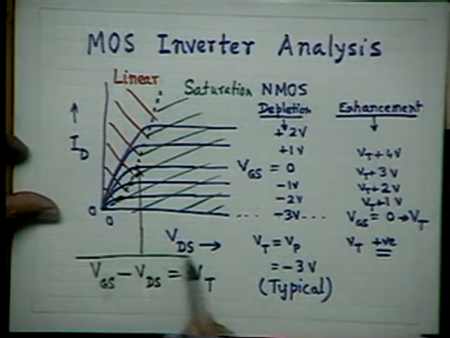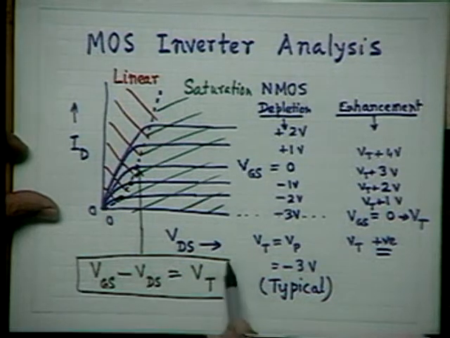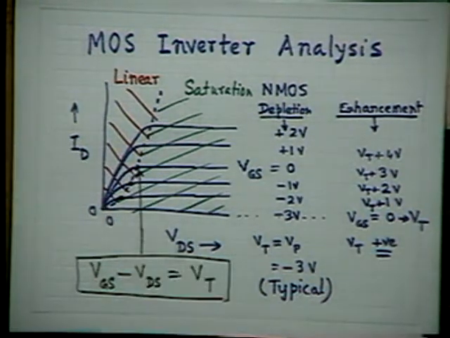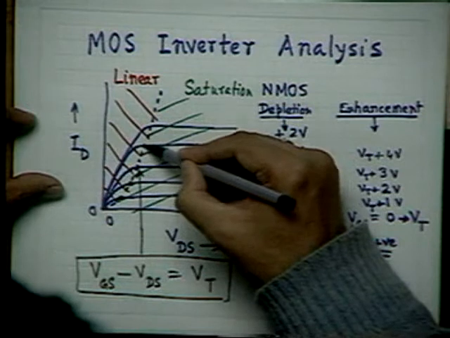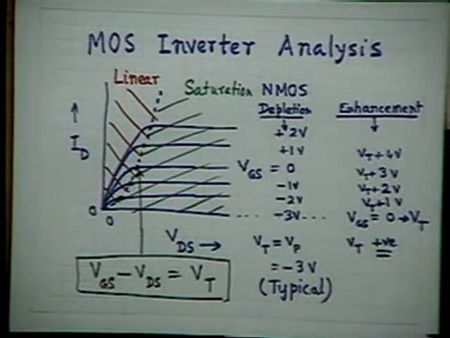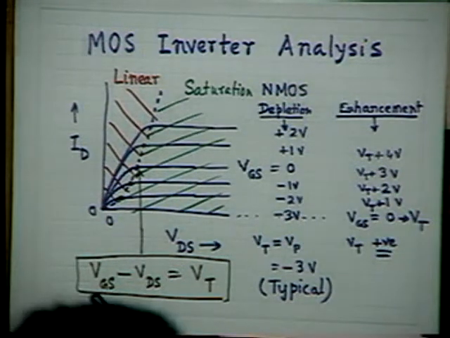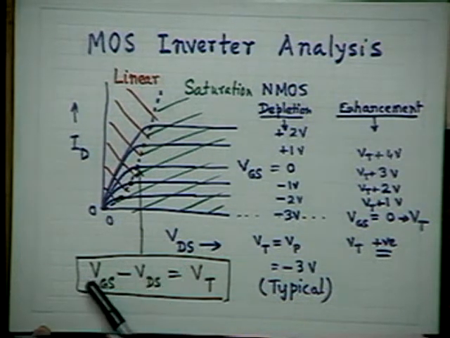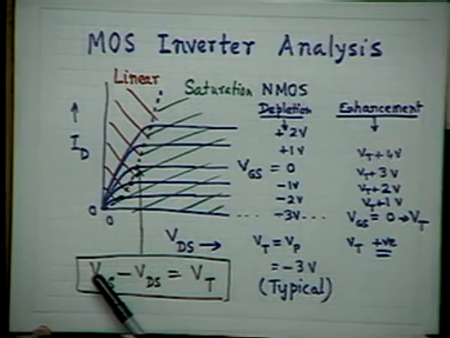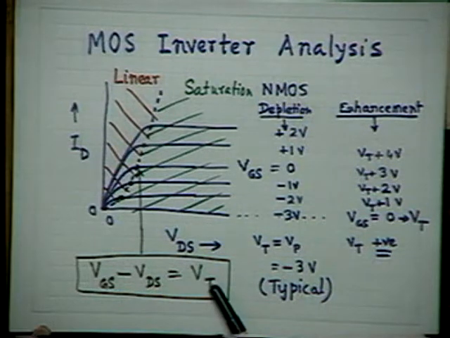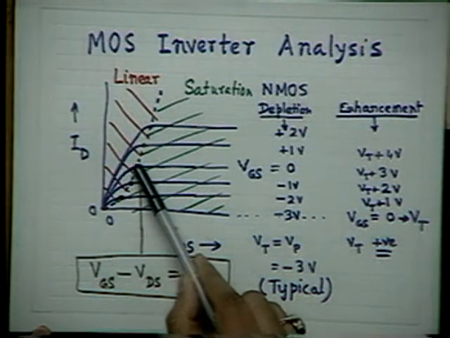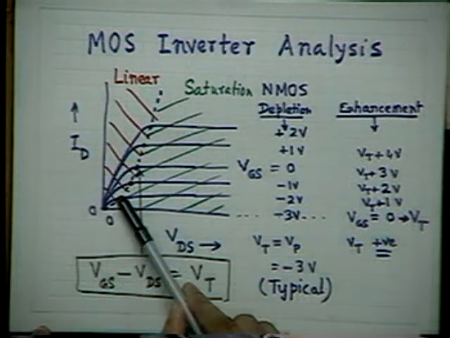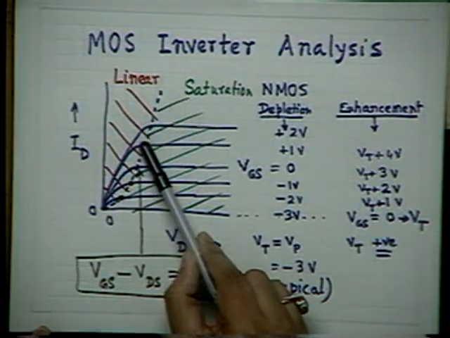Please remember, at each point, this relationship must be valid. That means the effective voltage between the gate and drain, or the effective voltage at the gate at the drain end, must be equal to threshold voltage. And this is the point of pinch off. We say the channel gets pinched off at these points.